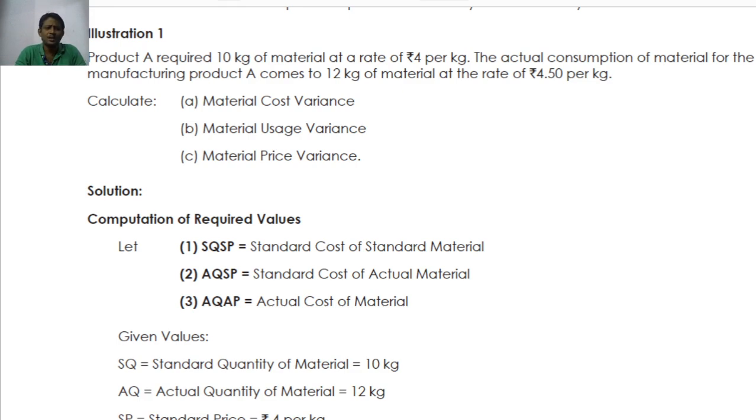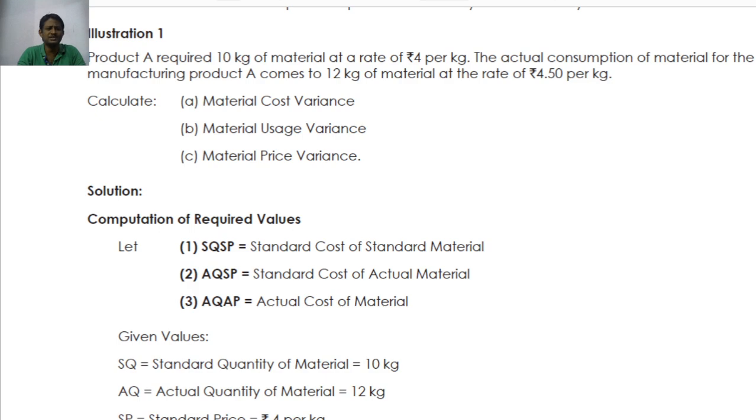Then come to the rate. How much did I fix as standard? 4 per kg only. That is my standard price. Actually, how much did I spend? 4.5 per kg.